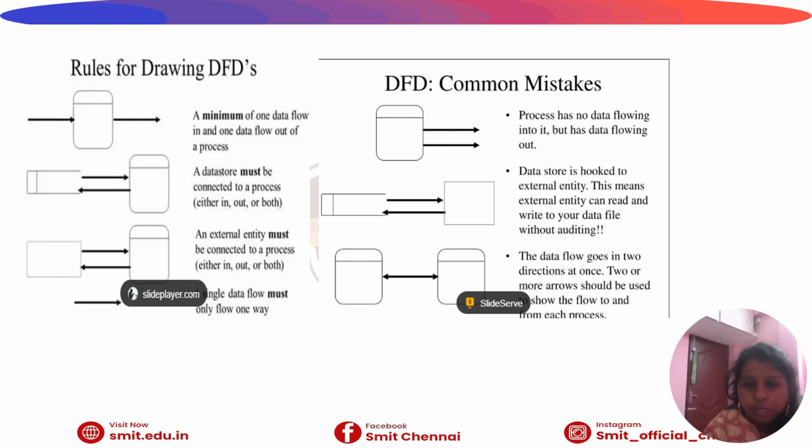The common mistake is that without an in we cannot put an out. Then the data store is hooked to an external entity. That means we cannot directly connect a data store to an external entity. Next, as I said earlier, an entity to an entity is not allowed.